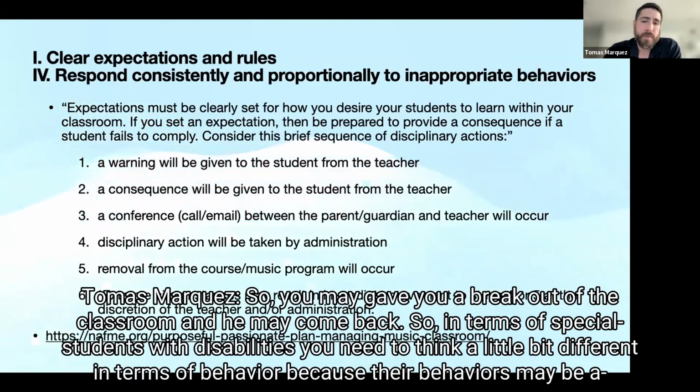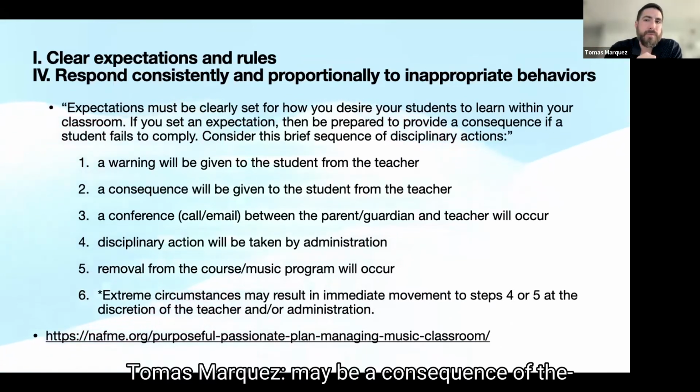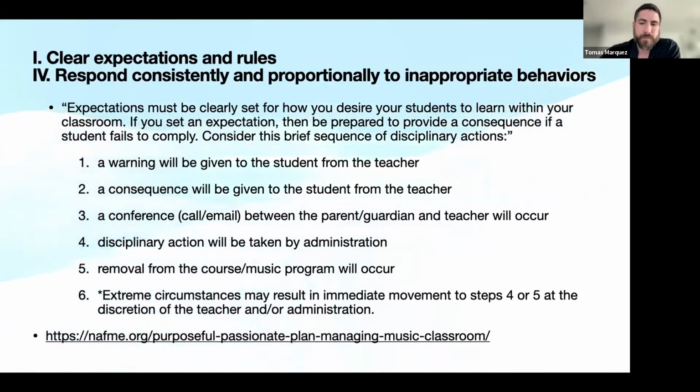So you may give him a break outside the classroom and he may come back. So with special students with disability, you need to think a little bit different in terms of behavior, because the behaviors may be a consequence of the condition.